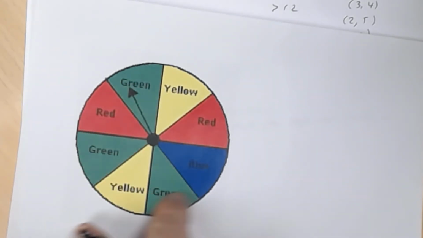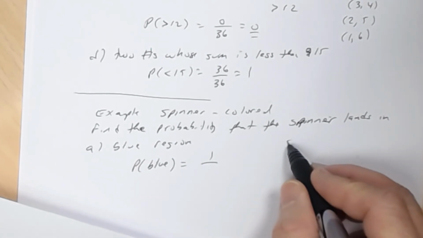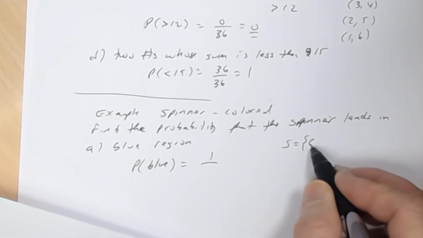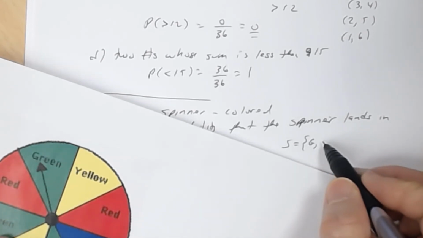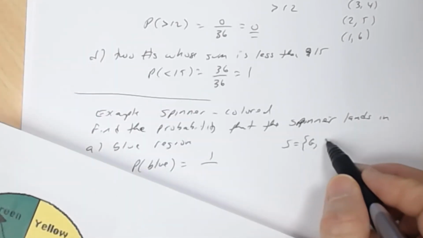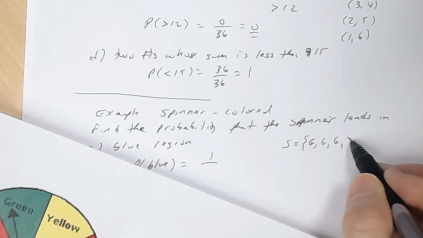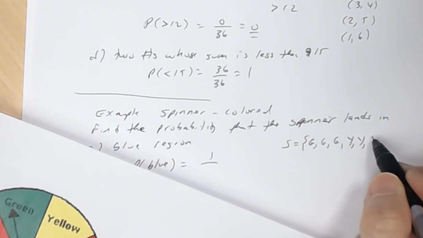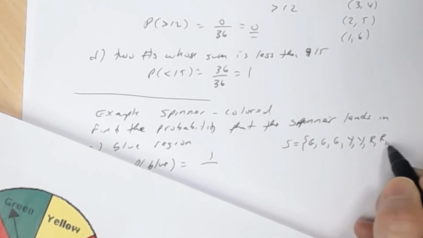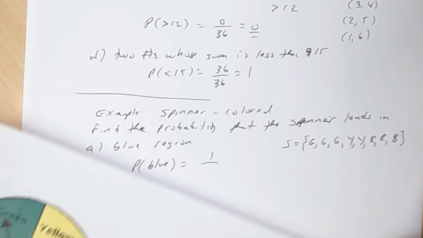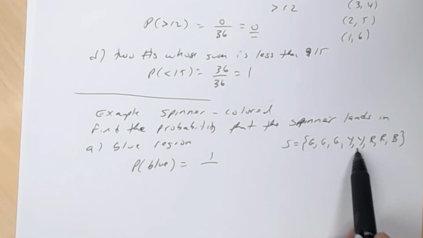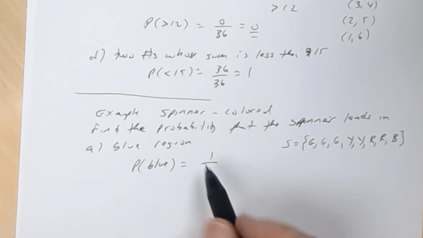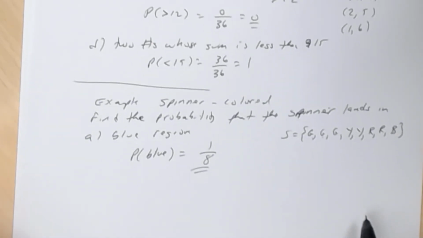So if you look at this in terms of your sample space: green, green, green, 2 yellows, 2 reds, and a blue. How many possible outcomes are there? 1, 2, 3, 4, 5, 6, 7, 8. So it's 1/8.